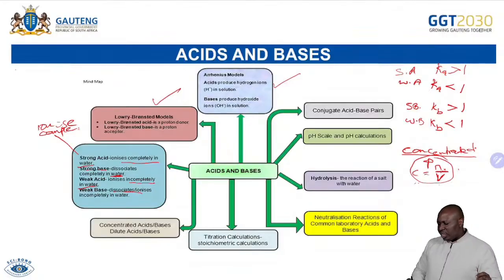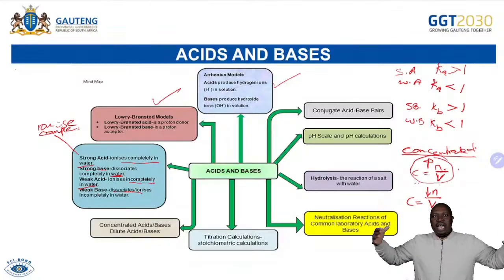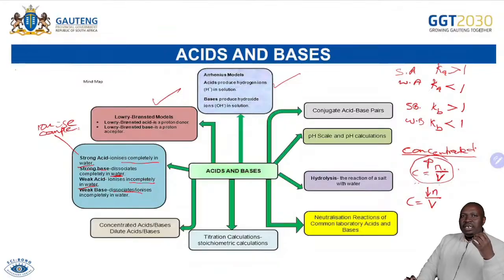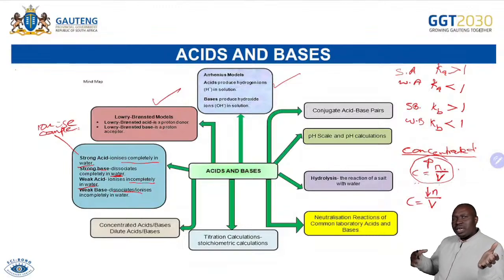And when you are referring to dilute, you are saying it has a smaller number of moles in proportion to the volume of water. So it means we have more water added, hence we say it is dilute. Learners sometimes make the mistake of thinking that a strong acid with more water added becomes a weak acid.